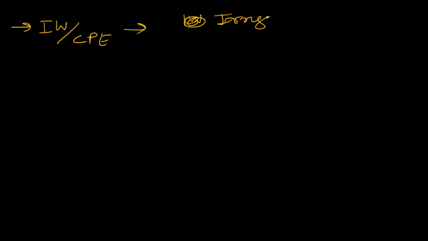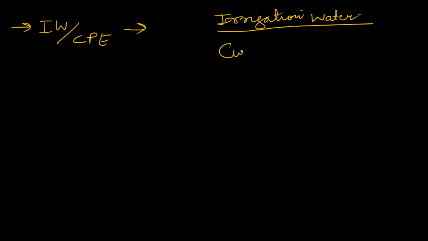So first of all, we should know what the full form of IW by CPE ratio is. Its full form is irrigation water by cumulative pan evaporation.